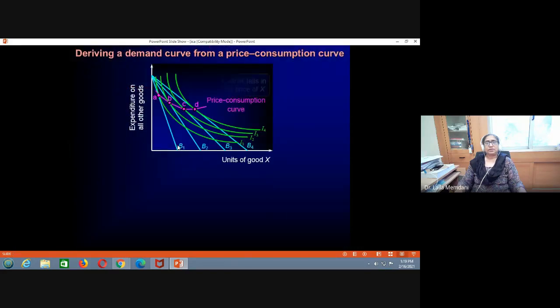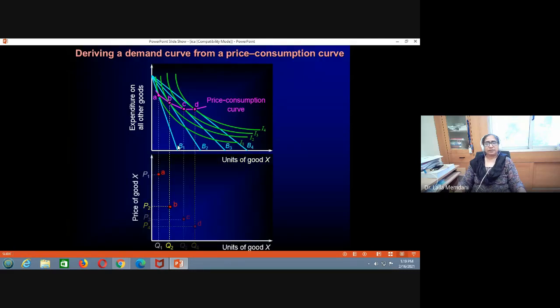So in this, we have the PCC, A, B, C, and D. Price of good X is falling and the consumer is moving from equilibrium A to B, from B to C, and C to D. Now, what we do is we take this quantity of good X downwards.